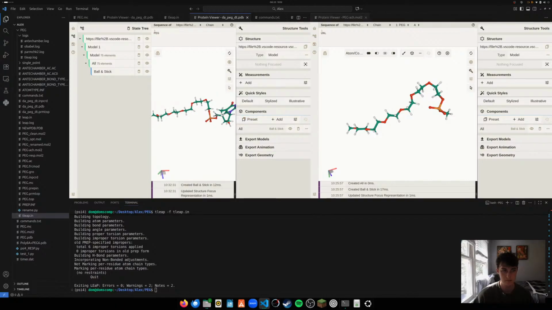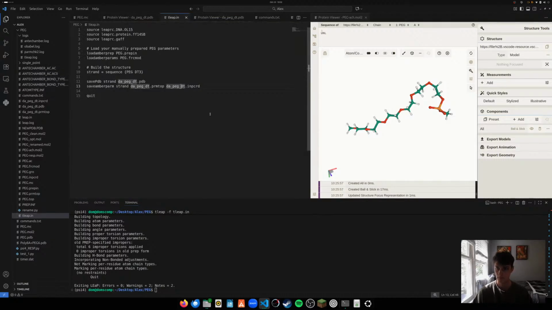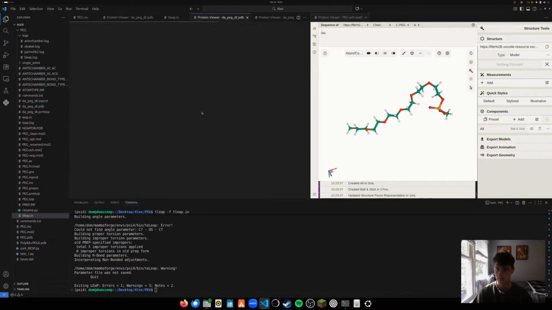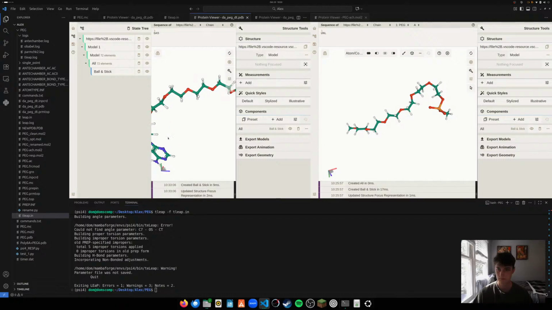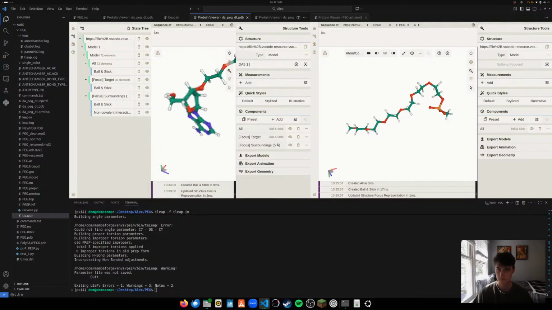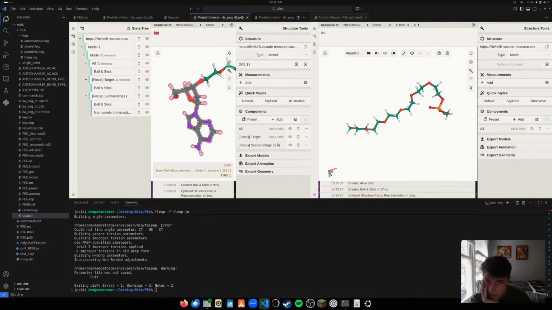Then this is a methyl. Yeah, I think I need to probably include this whole ribose ring. That's what I'm thinking.